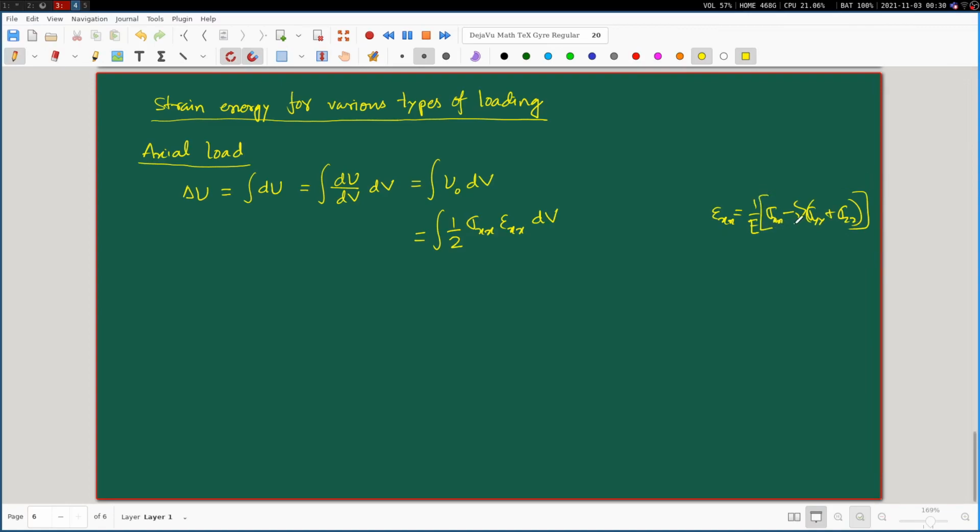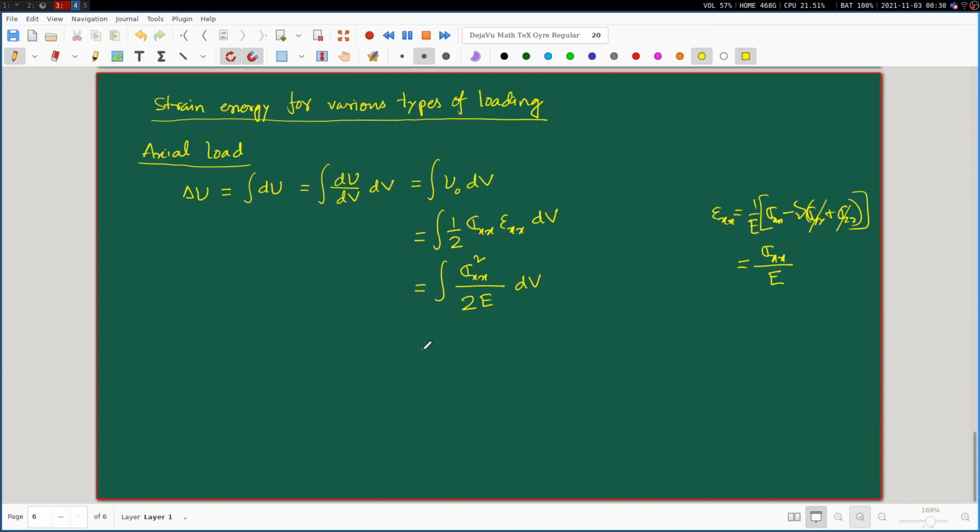And for such a uniaxial stress case, by that very word uniaxial, it means stress only along one direction. So sigma yy is equal to 0, sigma zz is equal to 0, and this is simply sigma xx divided by E. Like a very simple Hooke's law. So this thing becomes half of, substituting epsilon xx equal to sigma xx by E, sigma xx squared by twice E dV.